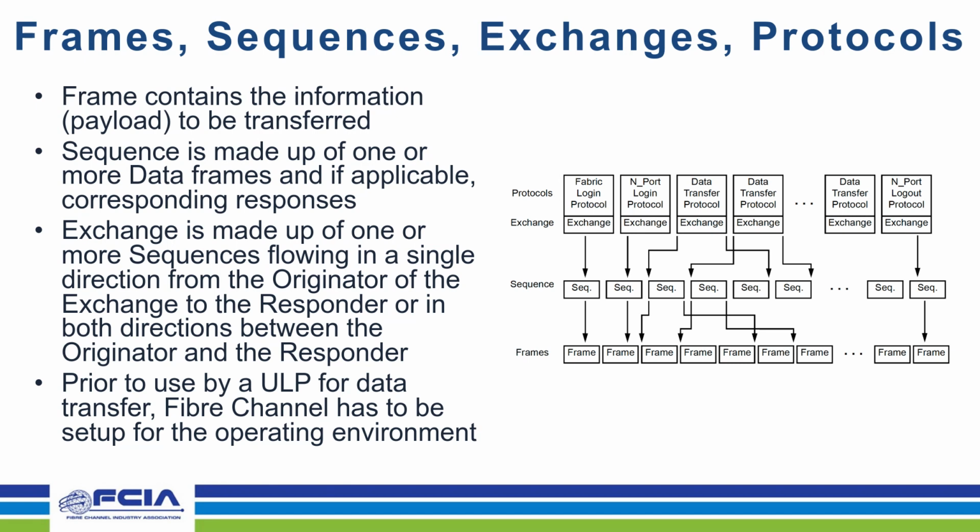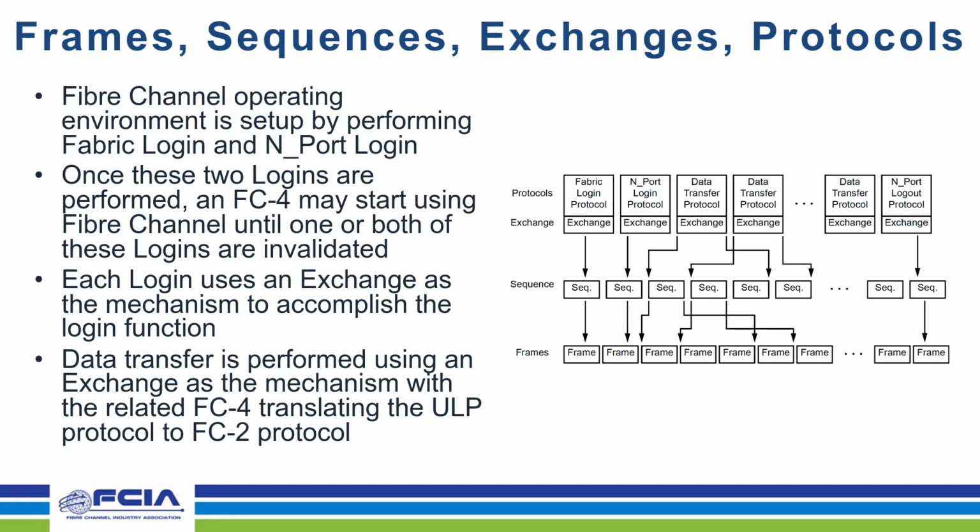Prior to use by a ULP for data transfer, the Fibre Channel has to be set up for the operating environment. The Fibre Channel operating environment is set up by performing fabric login and port login.